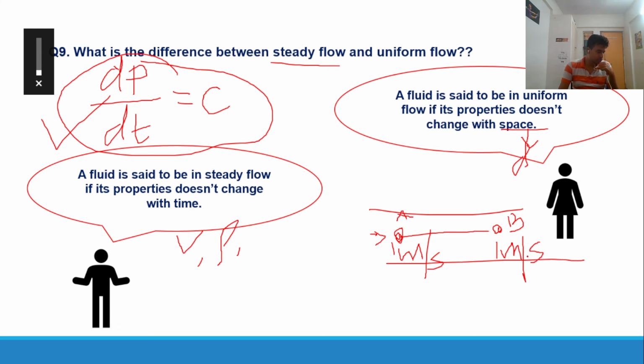So what did we see here? We saw that the property, that is the velocity of water, doesn't change at A and B. So this flow can be called uniform flow. Why uniform flow? Because it doesn't change with distance or space.